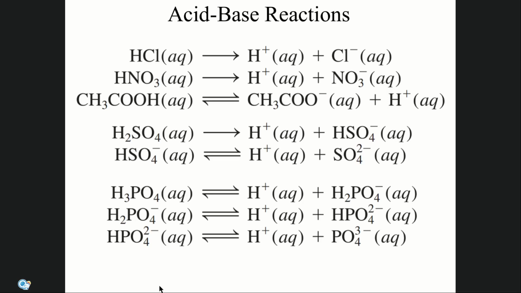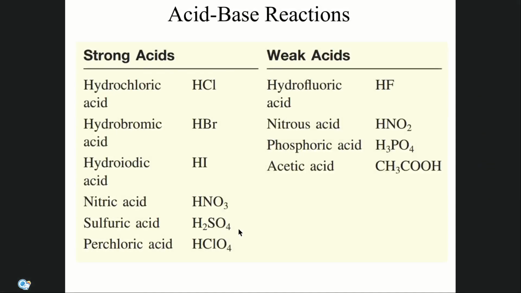Anions such as H2PO4- and HPO4 2- are found in aqueous solutions of phosphates such as sodium phosphate, various sodium phosphates. In this slide, you can see some strong acids and some weak acids.